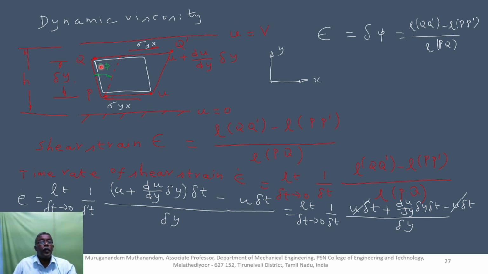At any time, the distance travelled by Q is more than the distance travelled by P. The difference in the distance is shown by the lines Q, Q dash, P, P dash.